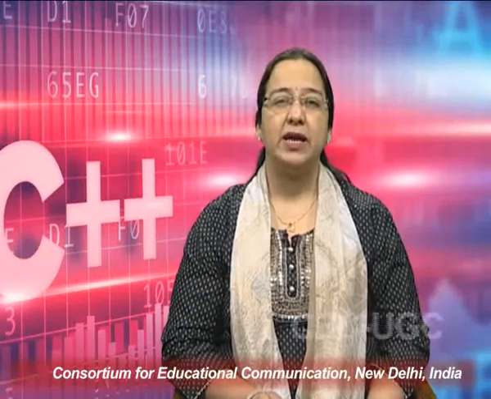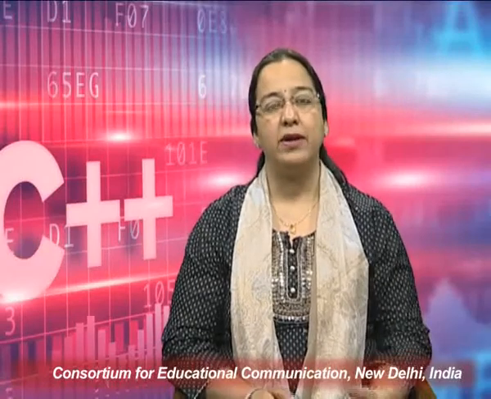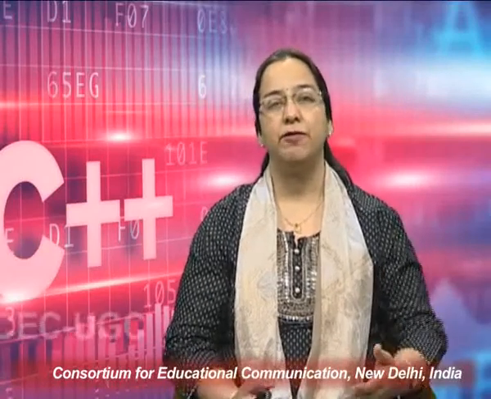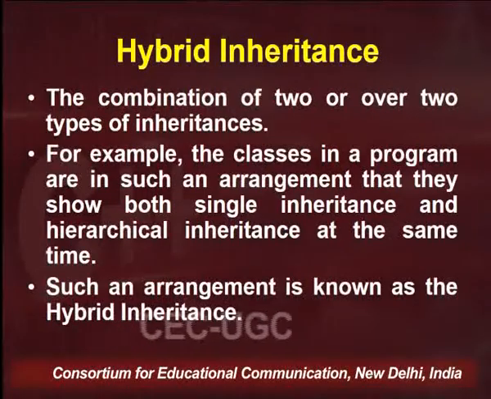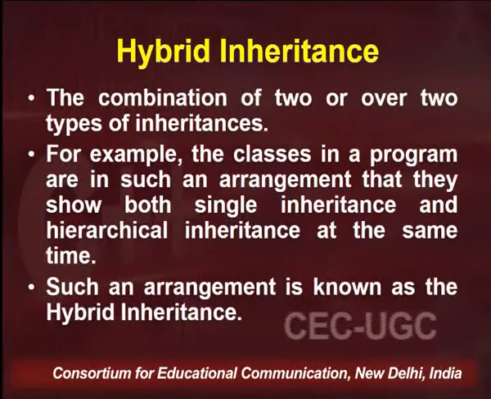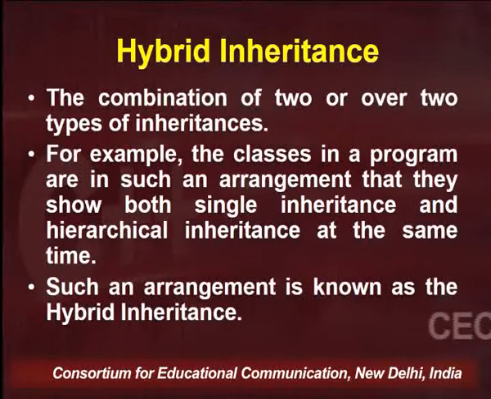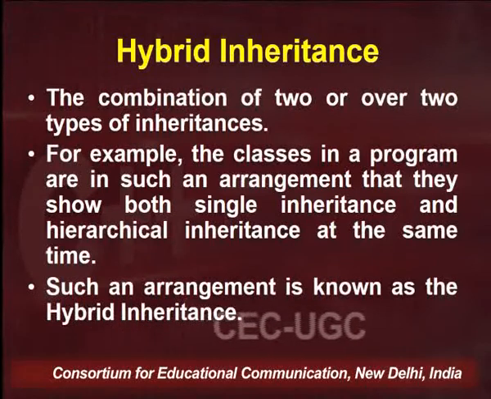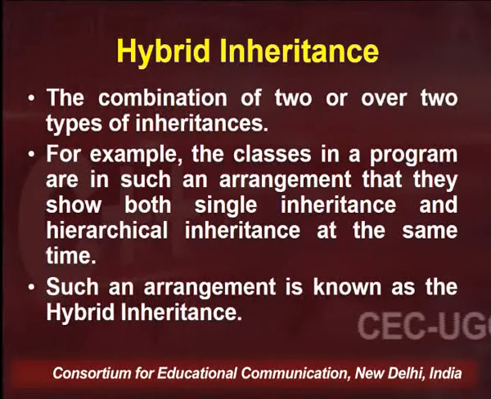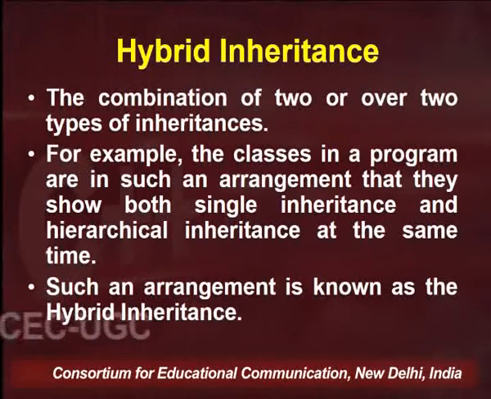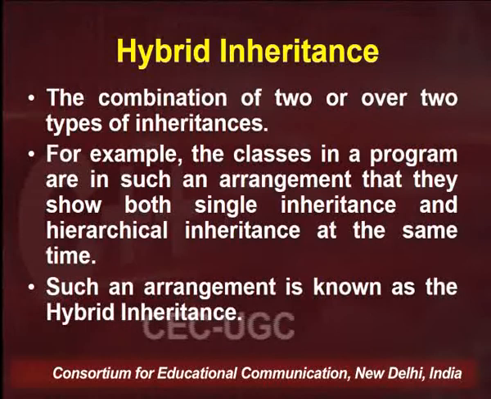As the name suggests, hybrid is basically nothing but a combination of two or more. Here also the same thing goes on. Hybrid inheritance is actually the combination of two or more types of inheritance. For example, let's say we have a program in which classes are arranged such that there are two types of inheritance.